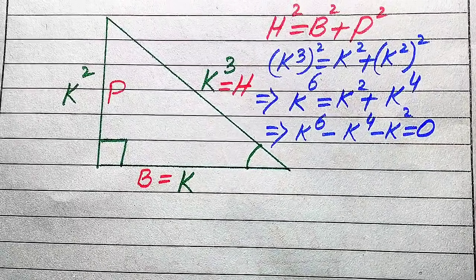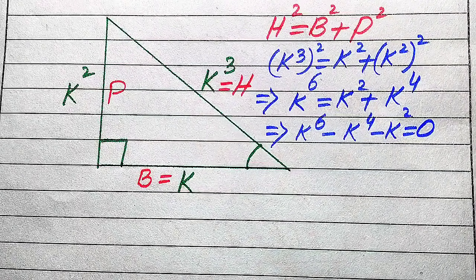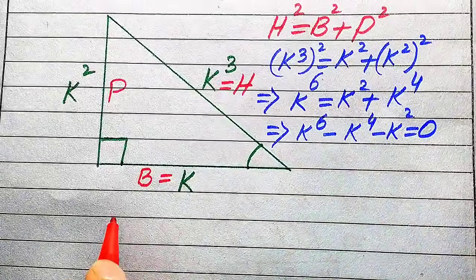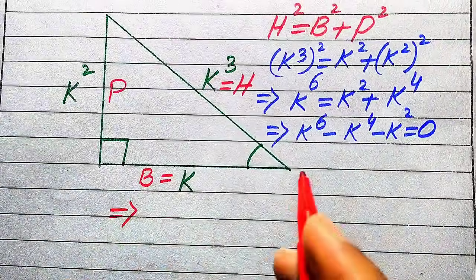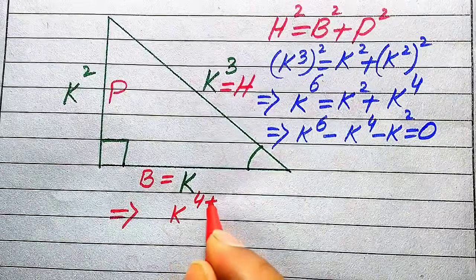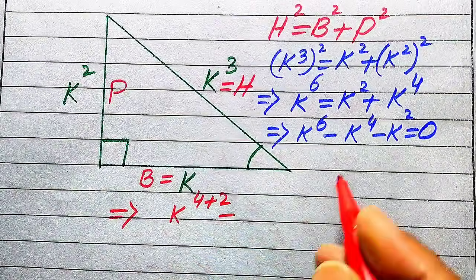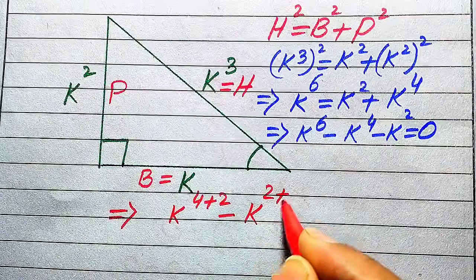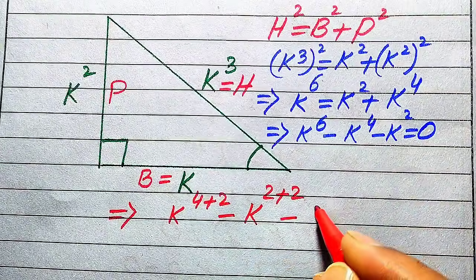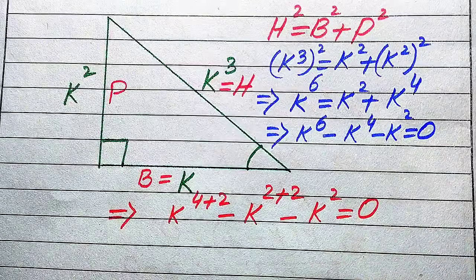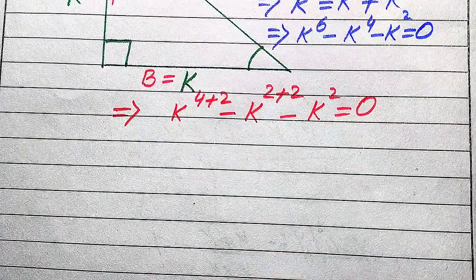And further in the next step here we need to focus on the exponents of all of these values. And you see here the exponent of this k is 6, and we write this 6 as k to the power of 4 plus 2, minus, the exponent of this term is 4, we write it as k to the power of 2 plus 2, and we write this term as k squared, and this whole equation is equal to 0.